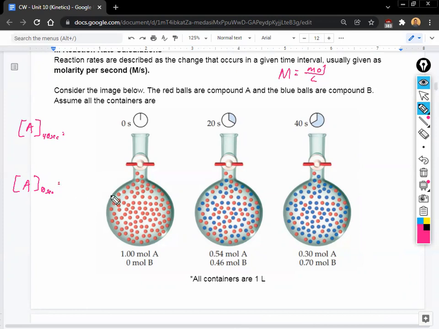At 40 seconds, we have 0.3 moles of A, so the molarity of A at 40 seconds is 0.3 divided by 1, which is 0.3. So the final concentration is 0.3 molarity. At the beginning, at 0 seconds, it's 1 mole divided by 1 liter, so it's 1 molarity. The final molarity of A is 0.3 molarity and the initial is 1 molarity.